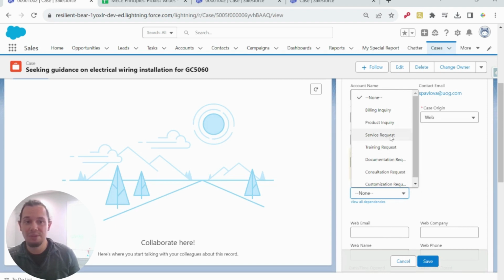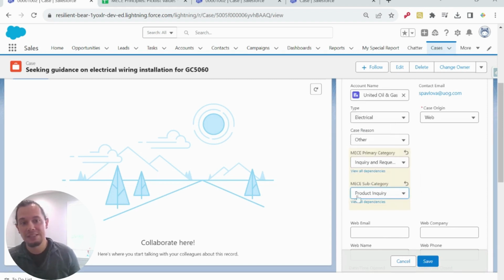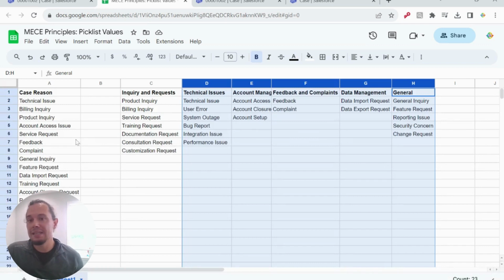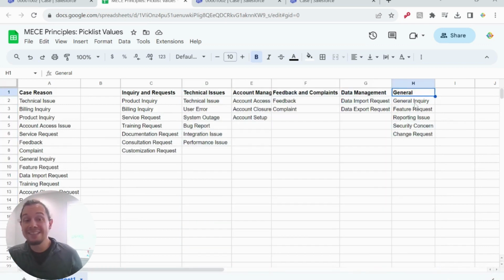And if I don't see something right, it's going to tell me as a user that I probably picked the wrong primary category and I need to go back and update that to something more related to what I'm looking at. Again, a more refined list, and then I can easily identify what I want to do for categorization. This creates a standardization and a scalability to your picklist value fields.